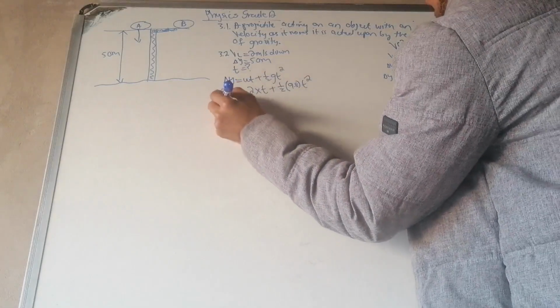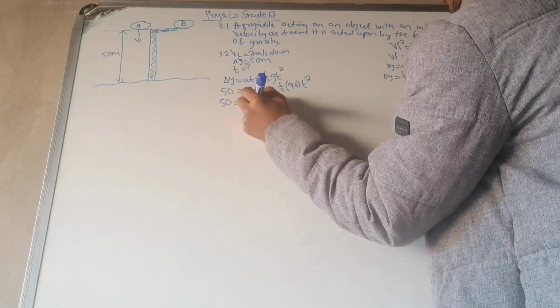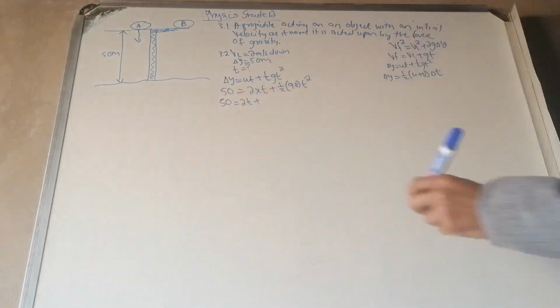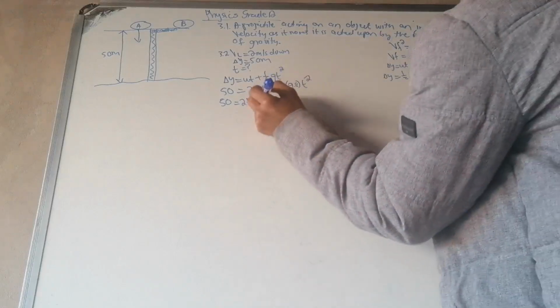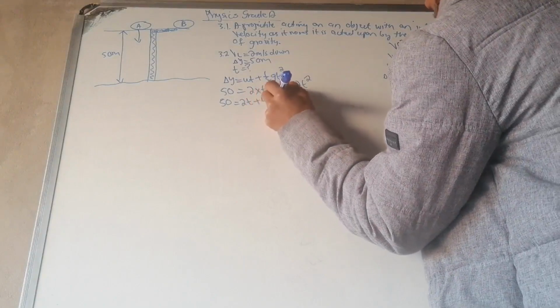So 50 equals 2t plus, what is 1/2 times 9.8? 0.5 times 9.8, and I will find a value of 4.9. So this is 4.9 t squared.